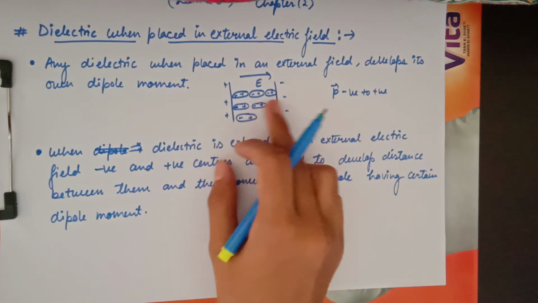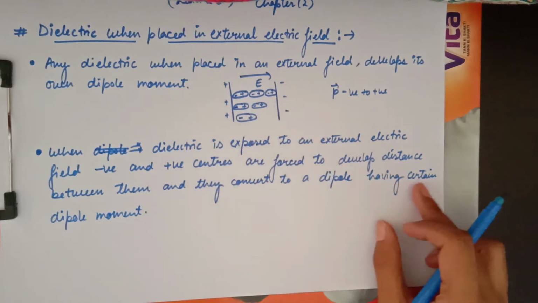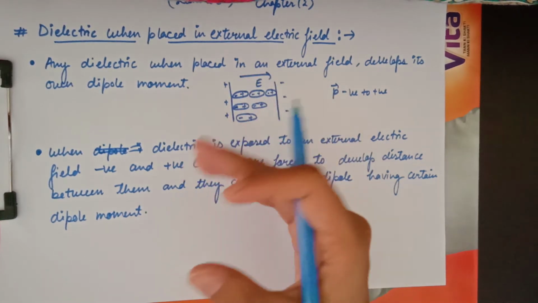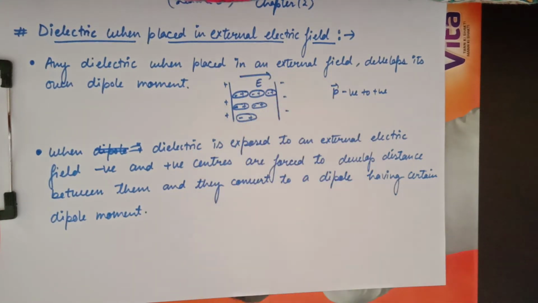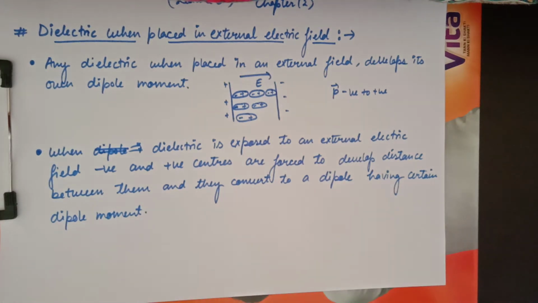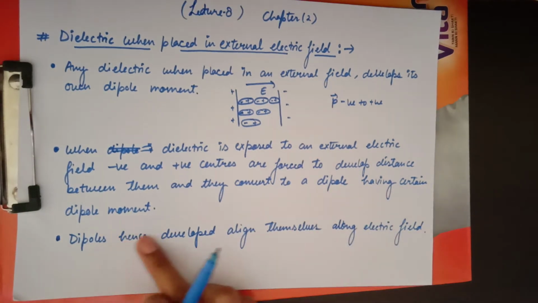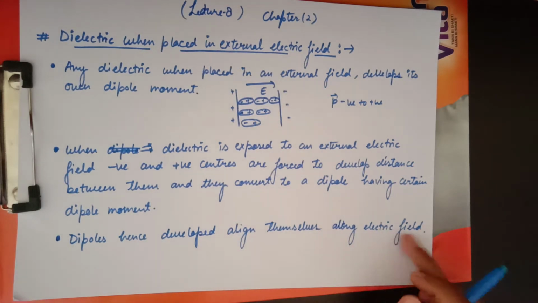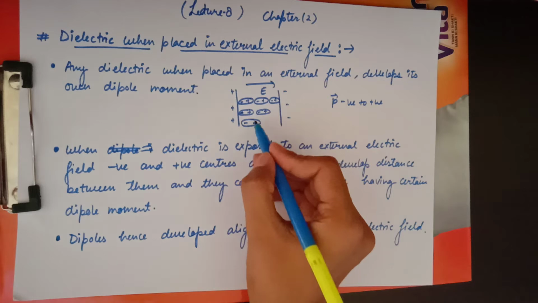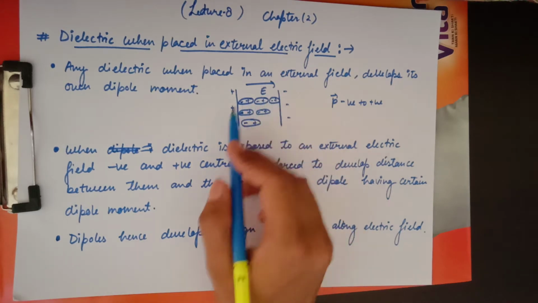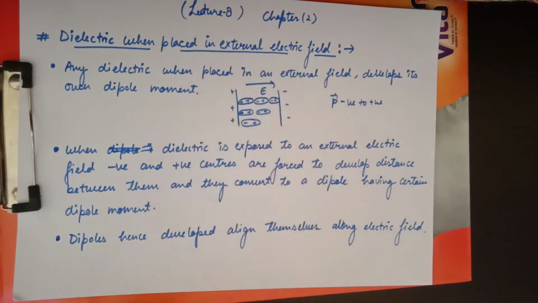Each dipole will have some dipole moment, and these dipole moments will contribute to a net dipole moment, and the dipoles hence developed align themselves along the electric field. As you can see from the figure, the dipoles developed in such a manner will align themselves along the electric field.